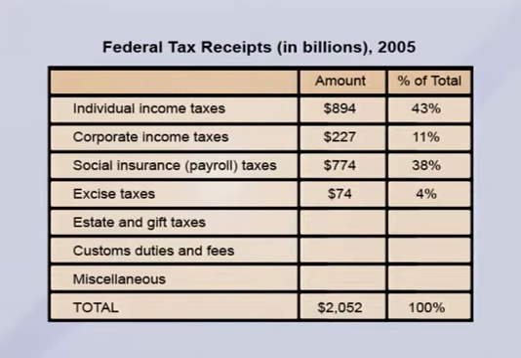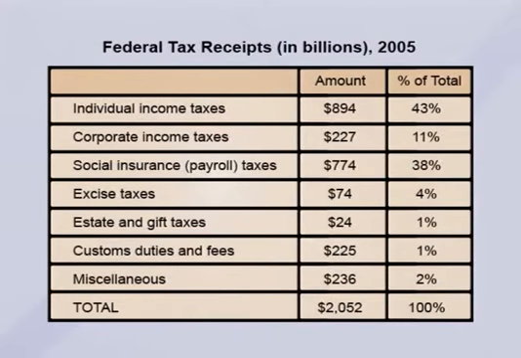About 4% was the excise taxes, that's the taxes on gasoline and alcohol and cigarettes at the federal level. About 1% was the estate and gift tax that are paid when people die or when they pass money to the next generation. And about 3% were some little things like customs duties and fees and miscellaneous little things the federal government gets.